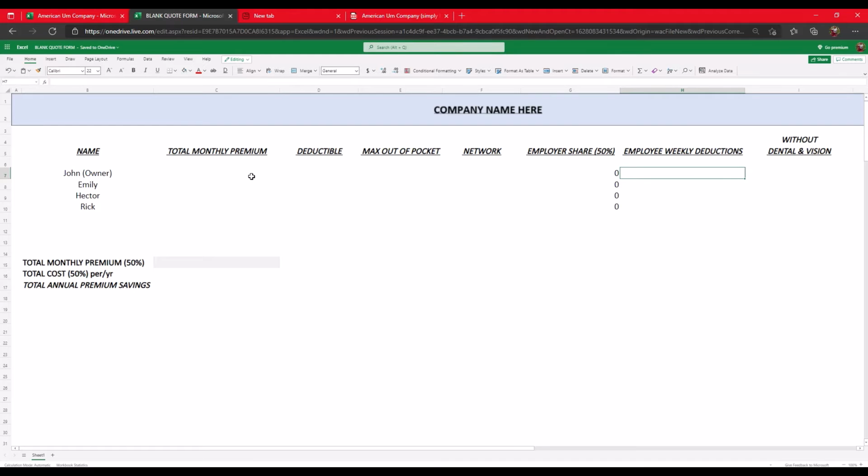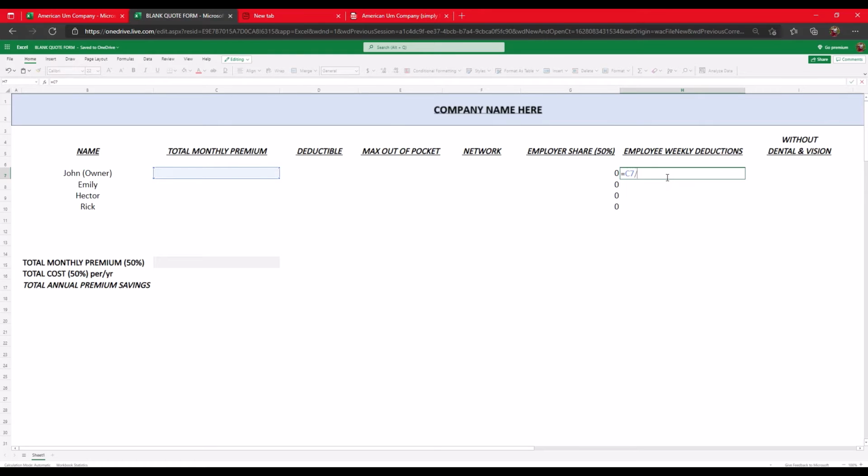Here we're going to divide this number by 4. So what we're going to put here is similar. We're going to go equals G, or we can use C. If we use C, we'll have to divide it by 4 because we're doing weekly. If we use G, we will have to divide this number by 2 because it's already divided by 2 from this number. So just to make it easy, I'm just going to use C to go by that same number.